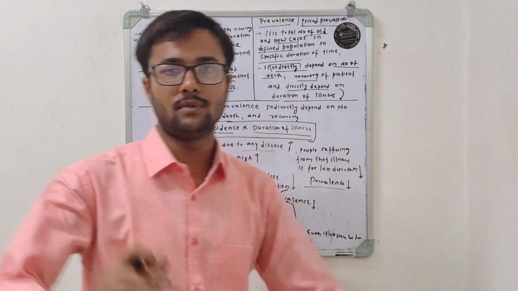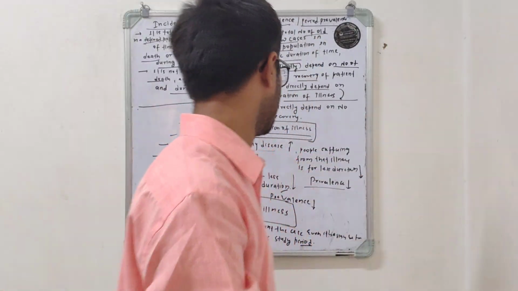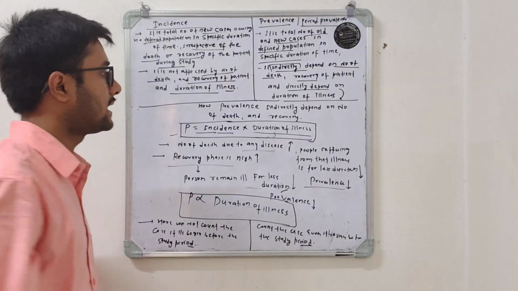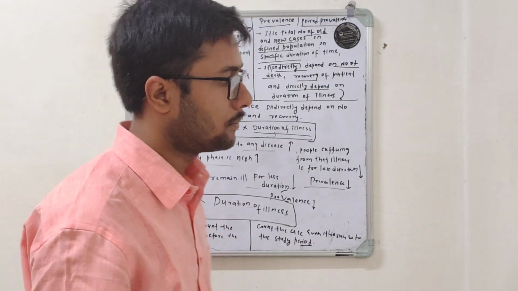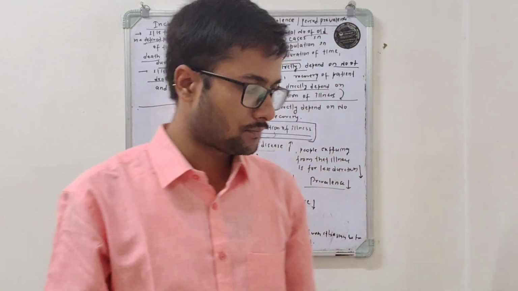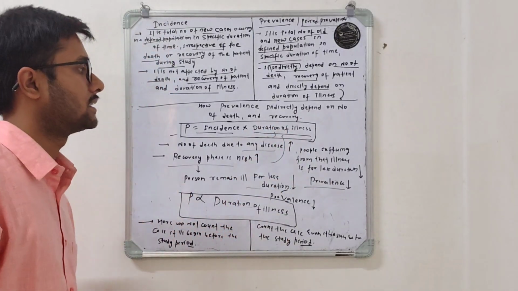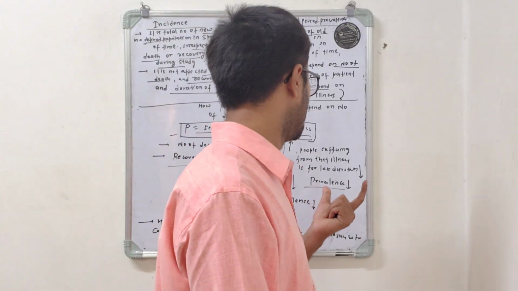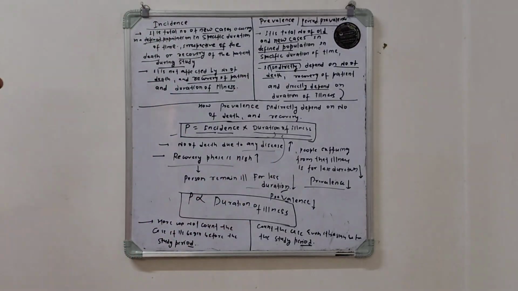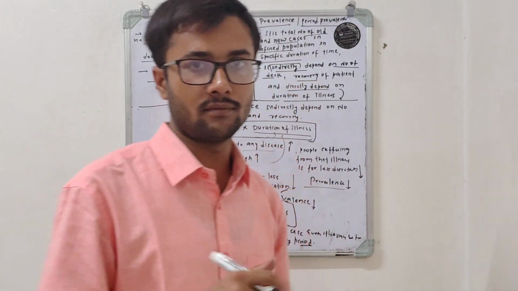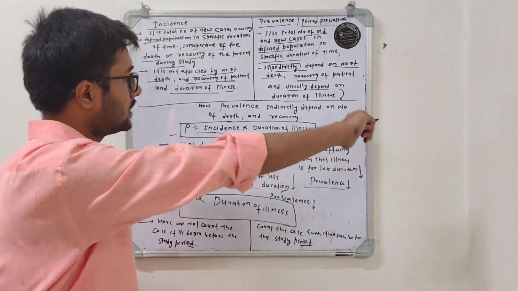So here we point to focus on two things. These two factors, the number of deaths and recovery, affect the duration of illness. So due to the impact on the duration of illness, they affect the prevalence. So these are the indirect parameters which affect the prevalence of a disease.